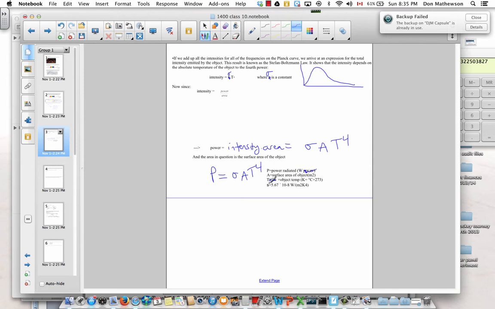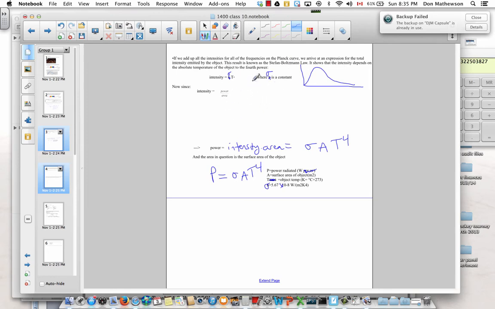And then this little sigma is 5.67 times 10 to the minus 8 watts per meter squared Kelvin to the fourth. Now that's for an ideal radiator. We're going to modify that for something that's not quite ideal. But first, there's another thing to keep in mind, and that is that the object, if it's sitting there, not only is it radiating infrared thermal energy, it's also absorbing it from the surroundings.